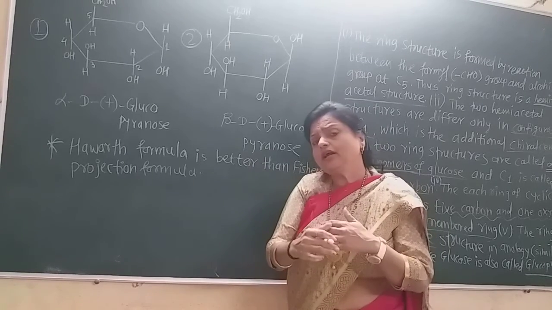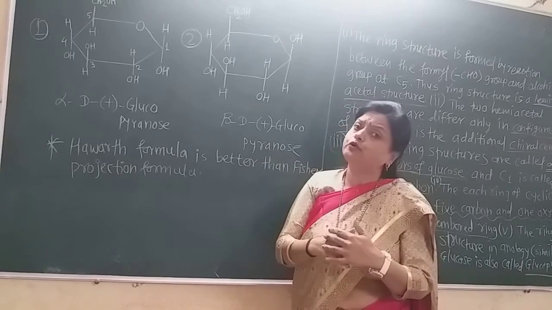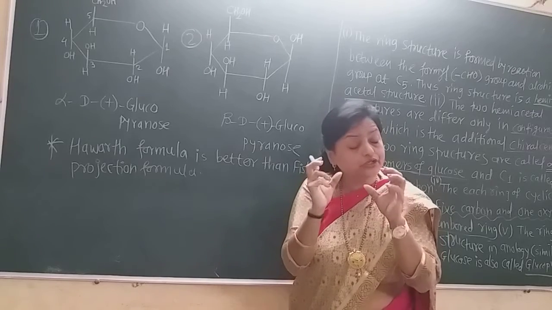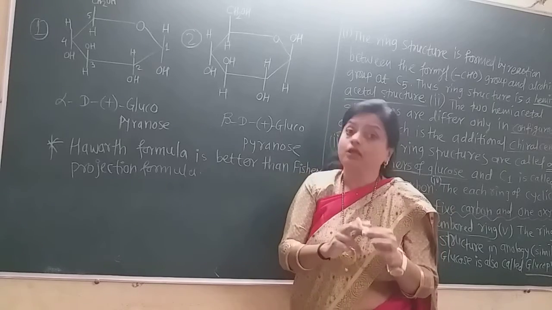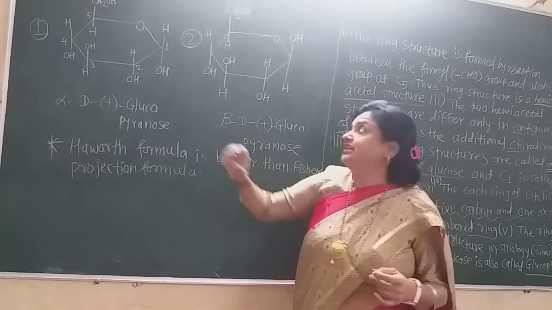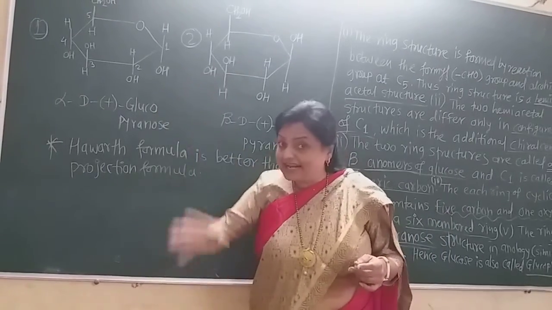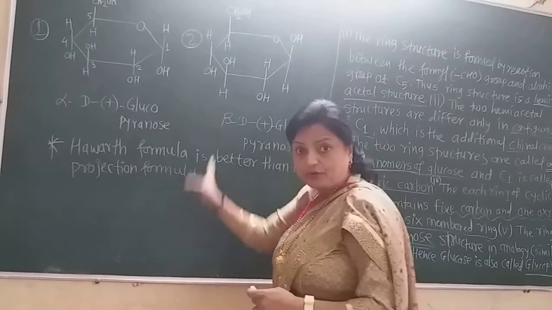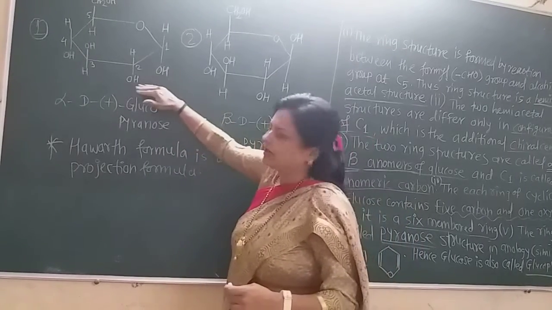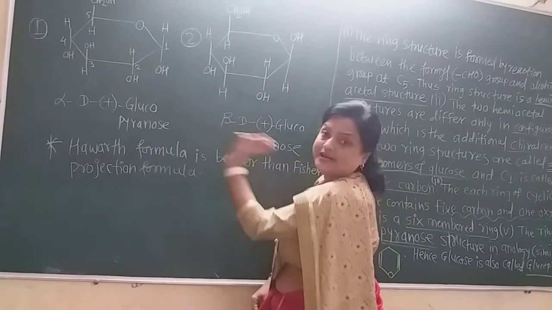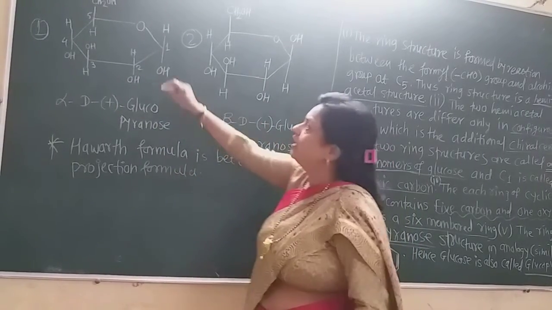Now to draw the Haworth projection formula from the Fischer projection formula, what you have to do is join the groups or atoms on the right hand side of the Fischer projection formula to the lower side, and atoms or groups on the left hand side of the Fischer projection formula to the upper side.